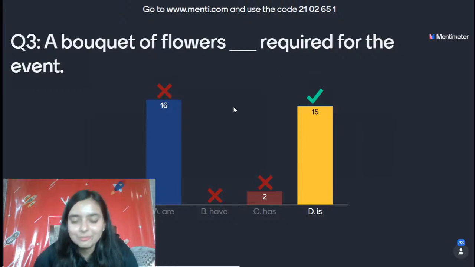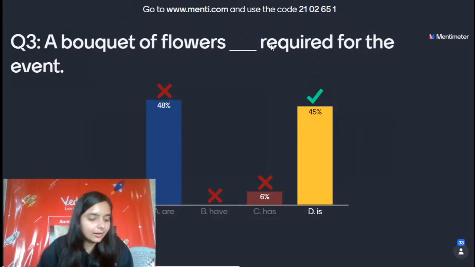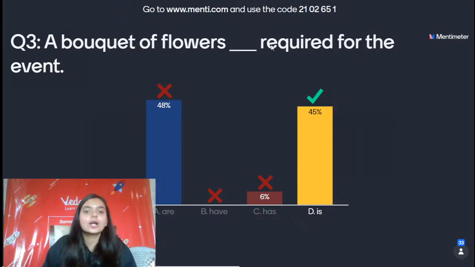Okay. Any explanation coming from your end? We had done this when we were talking about the rules related to subject-verb concord. Can anyone tell me the rule which is applied here? Yes, Sakshi, it's a group.